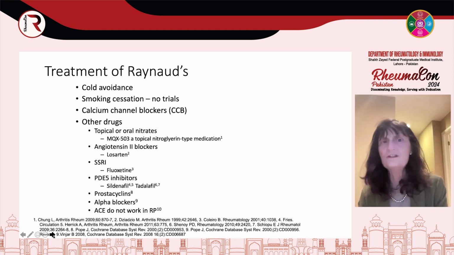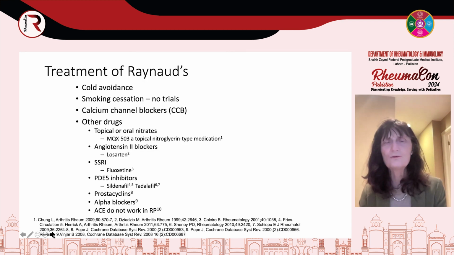So most people don't need pharmacologic treatment. That's different when we talk about systemic sclerosis, but even in systemic lupus erythematosus and other connective tissue diseases, most won't need prescription medications. So cold avoidance, stopping smoking, so common sense, avoid psychological stress, avoid the cold.